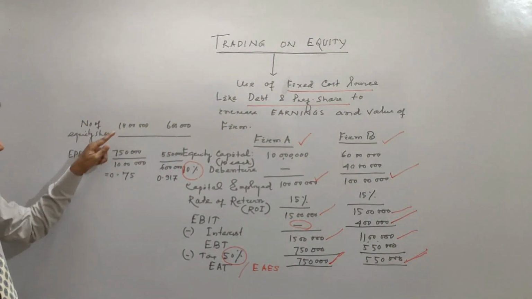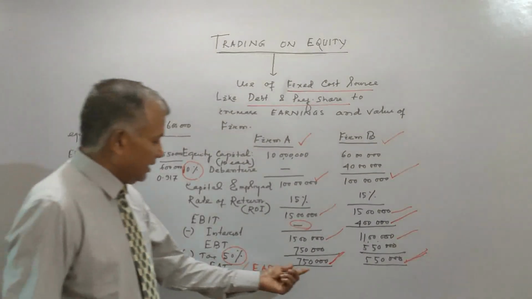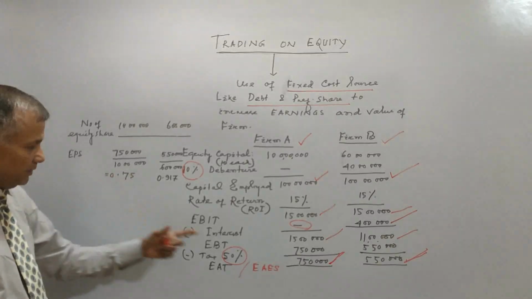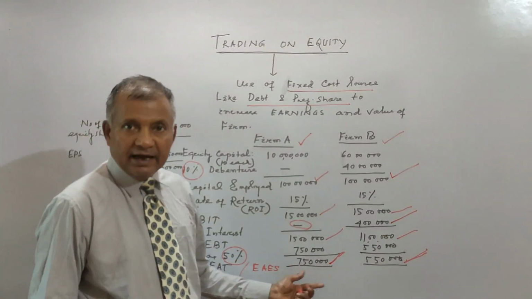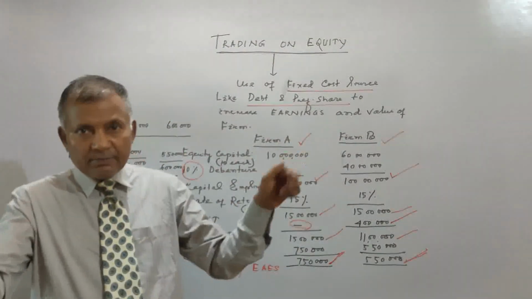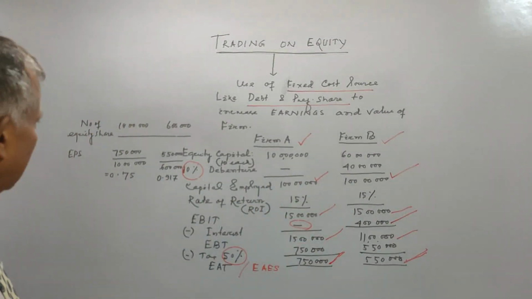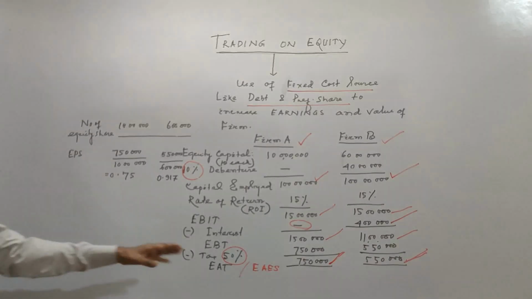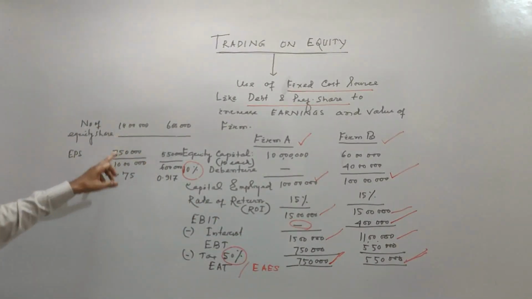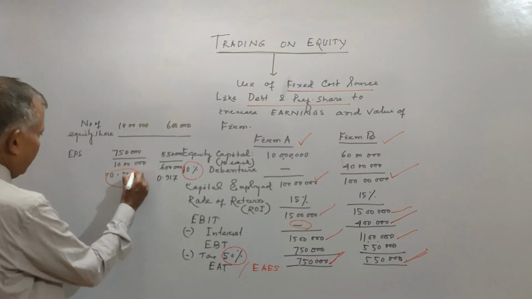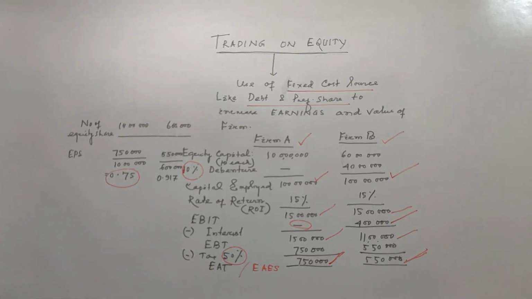So for earnings per share, these earnings will be distributed among the total number of shares to find out the EPS. So 7 lakh 50,000 divided by 10 lakh comes to 0.75.